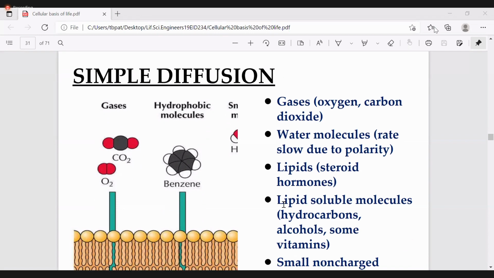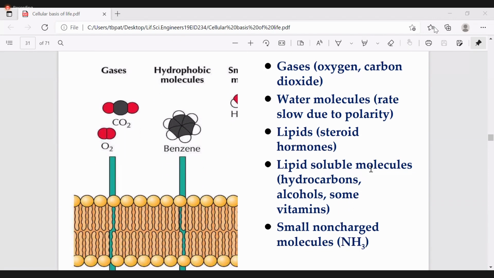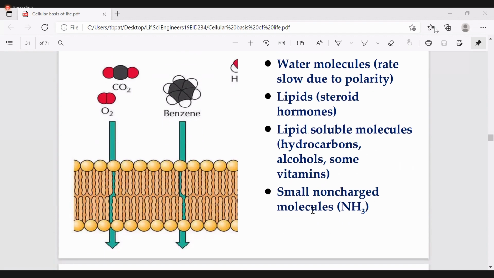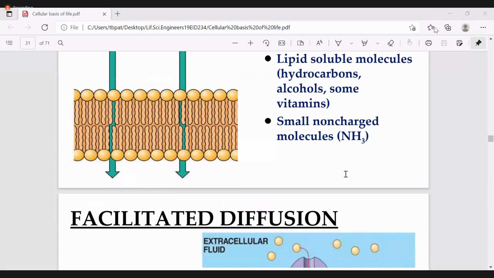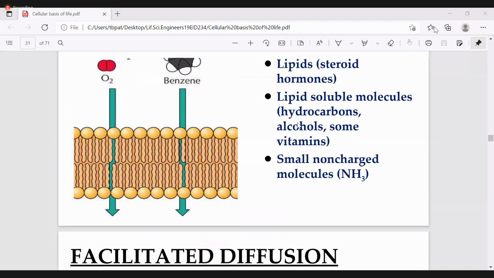Lipids, steroid hormones and lipid-soluble molecules, hydrocarbons, alcohols, and some vitamins can easily dissolve and pass. Small non-charged molecules like ammonia, NH3, also pass. The ammonium ion, NH4 plus, is the charged one and is different. These all go by simple diffusion.